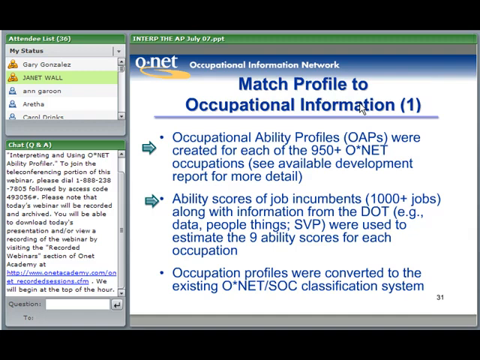And then, as part of the evolutionary process, the original 950 ONET occupations are being converted to SOC classification. So there's been a further compiling of information and congealing of information to the current roughly 800 plus ONET SOC occupations. So again, for more detail on that, those technical reports would be very helpful.